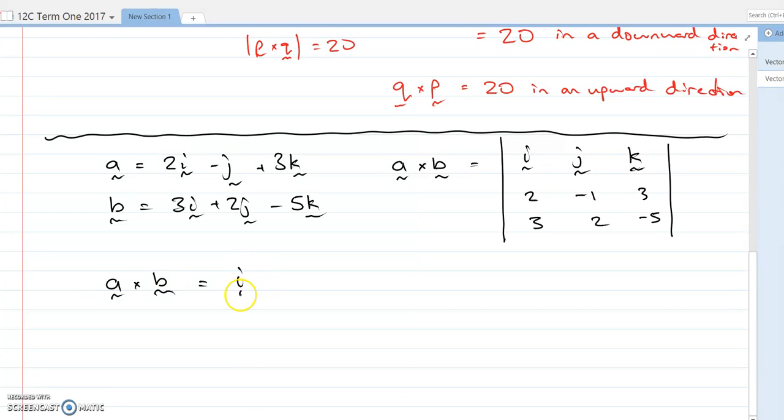if you're using the formula way to do it, it's i times the determinant of everything left after you cross out the top row and the left column, and you've got minus 1, 3, 2, and minus 5. The j becomes a minus, times the determinant of everything that's left, which is the 2, 3, 3, minus 5.